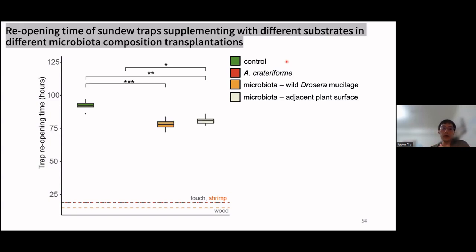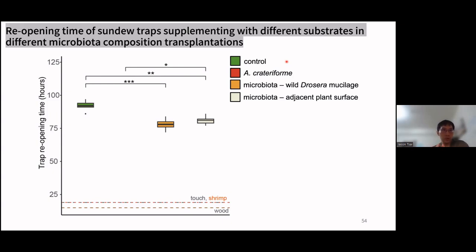Then we tested microbiota from wild Drosera, and the microbiota, or the mix of microbes, from the surfaces of adjacent plants in the wild, meaning they probably contain different combinations of microorganisms. And already we found a significant reduction in the reopening time.